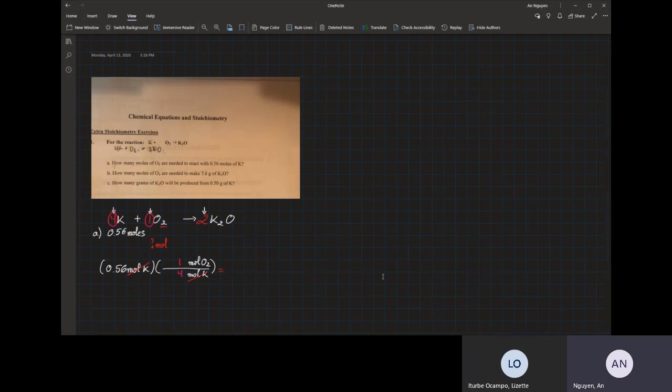So we just do the math, 0.56 divided by 4, and that would give us 0.14 moles of O2.